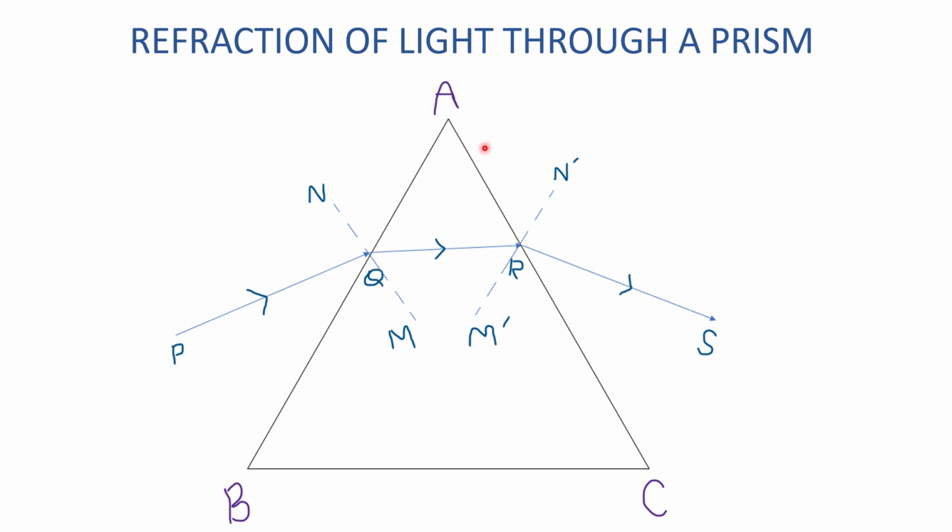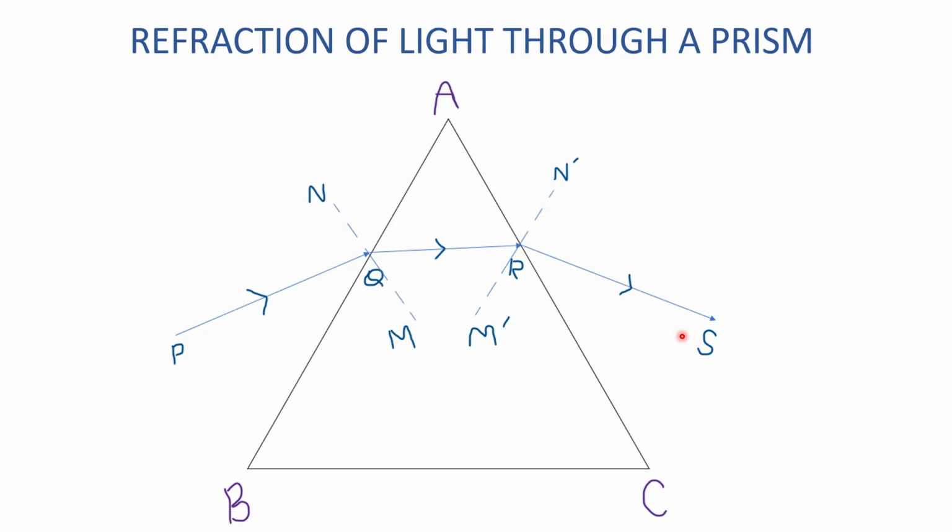At the surface AC, QR enters from denser to rarer, so it moves away from the normal, as you can see, and travels along RS. This is the emergent ray.